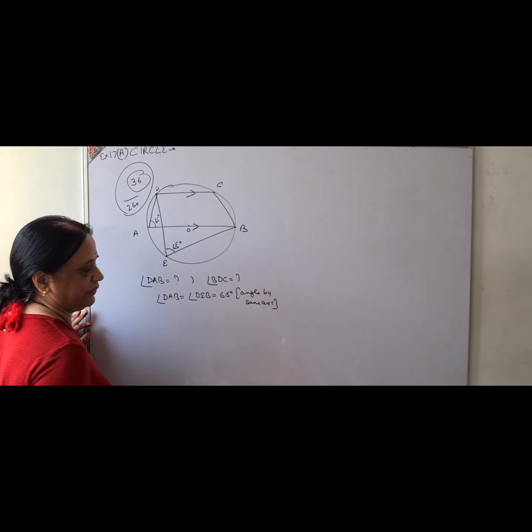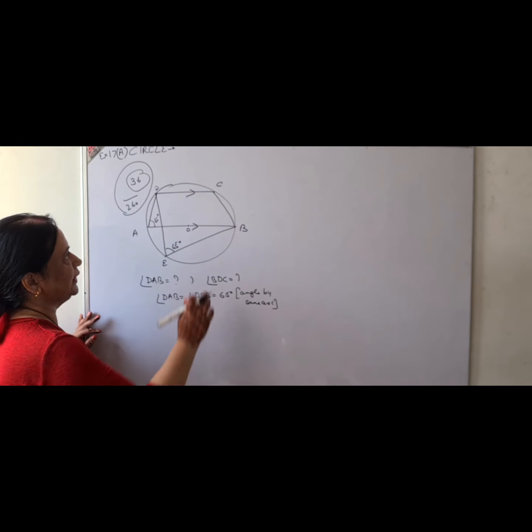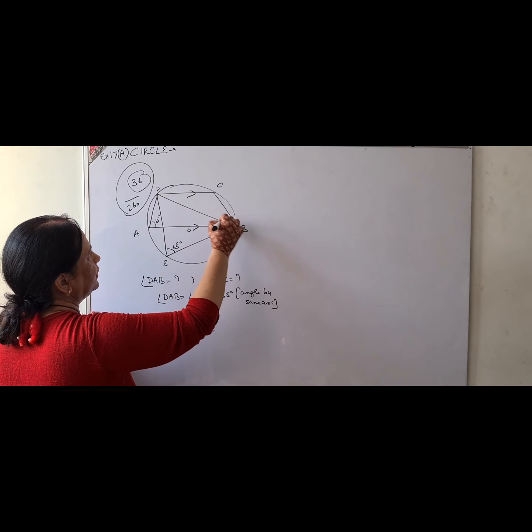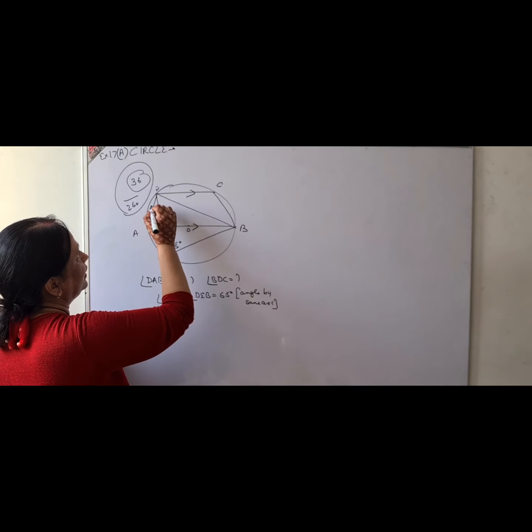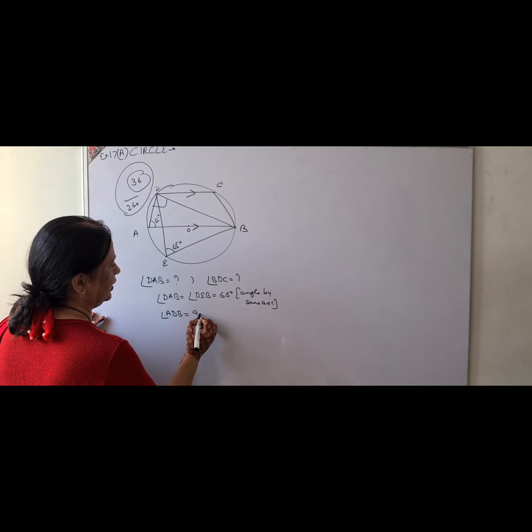Very simple. First answer done. Then the second answer: they have asked you to find the value of BDC. Join B and D. Very simple again, right? Angle ADB is 90 degrees, angle in a semicircle.